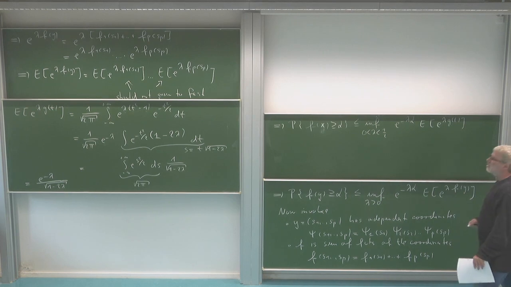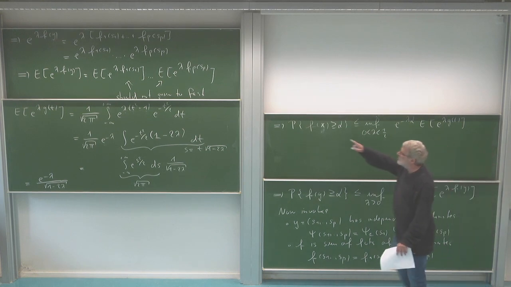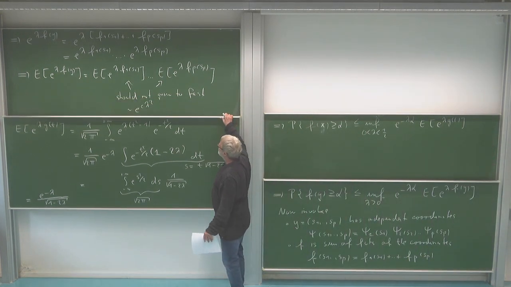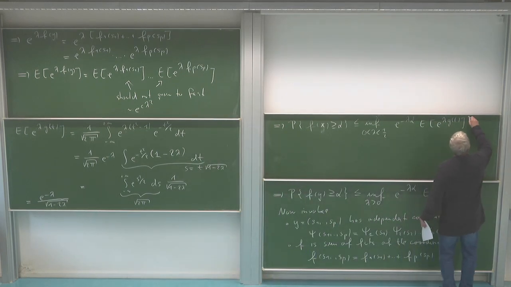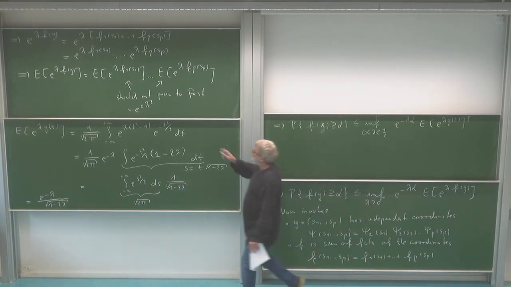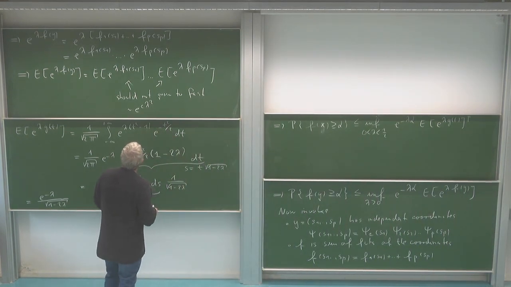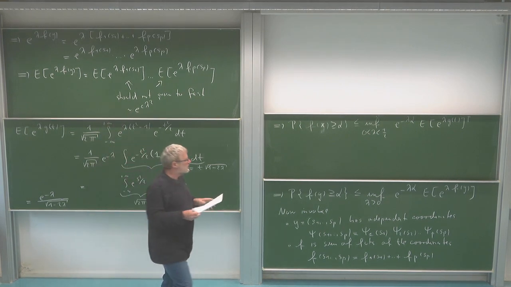Yeah, and now, of course, this here was the sum. So I get here p factors of this form. So what I have here is actually this to the power p, because this here is just one of the terms there. For the f1 is equal to g, for the f2 is equal to g, and for the fp is equal to g.